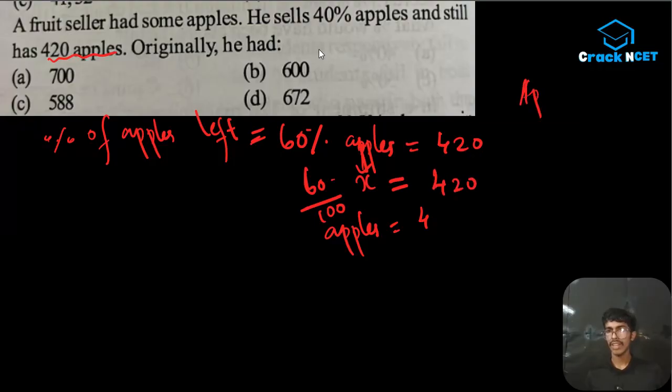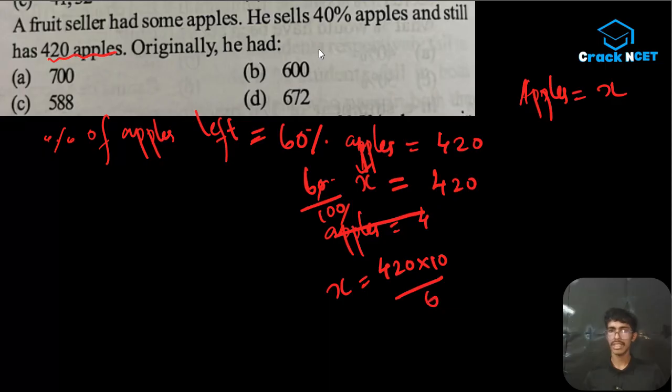So it is given that x is equal to 420 into 10 by 6, which is equal to 7 6s are 42, which is 700. So it is given over here, the answer to this question is 700. Easy question. Yes, sir.